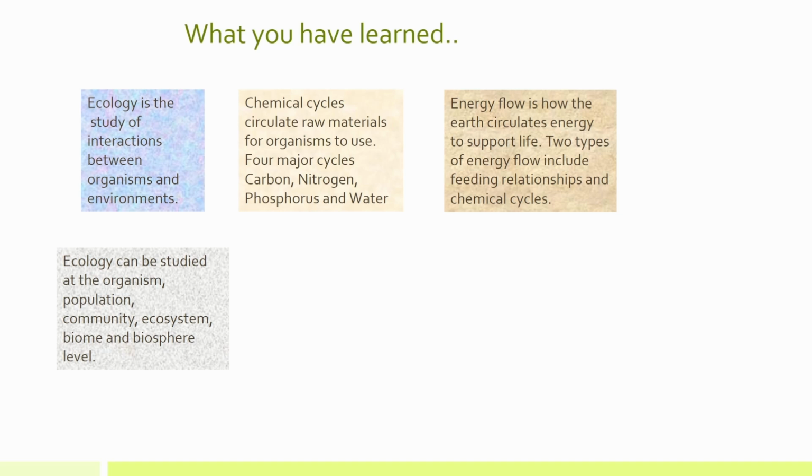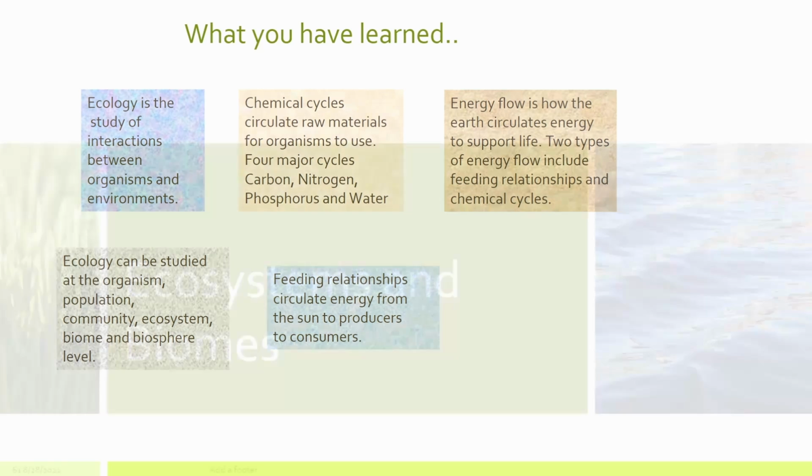And we also looked at how ecology can be studied at different levels. There's different subdisciplines. We can look at the organismal level, or population level, or even community, ecosystem, biome, or even biosphere level. And we looked at feeding relationships, and that is how we see circulation of energy from the sun to the producers up to the tertiary consumers, sometimes even quaternary.